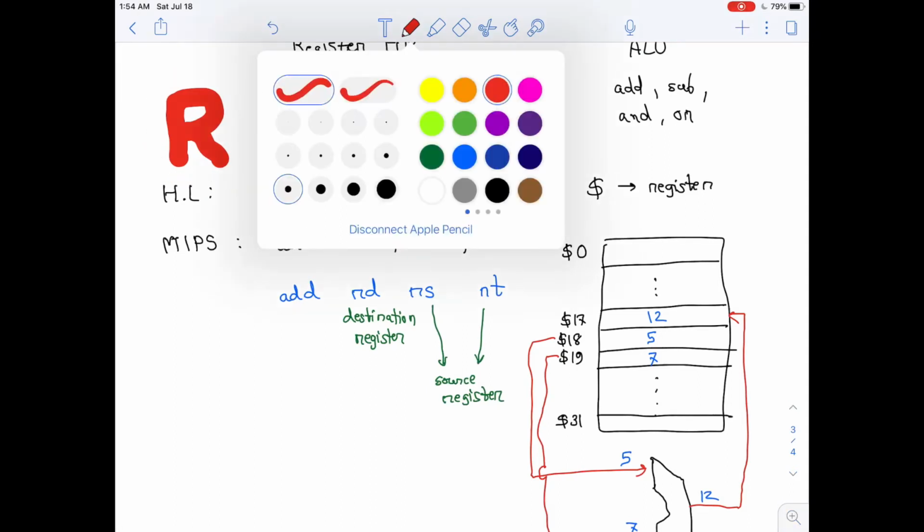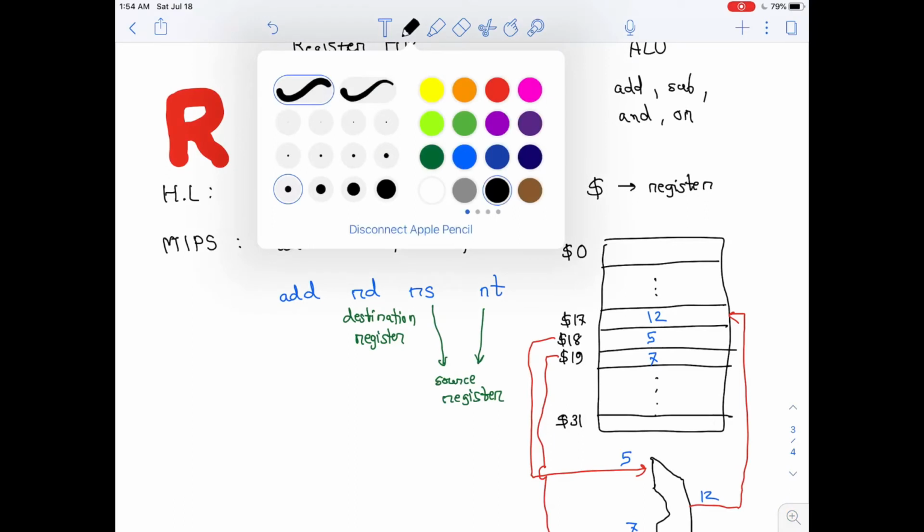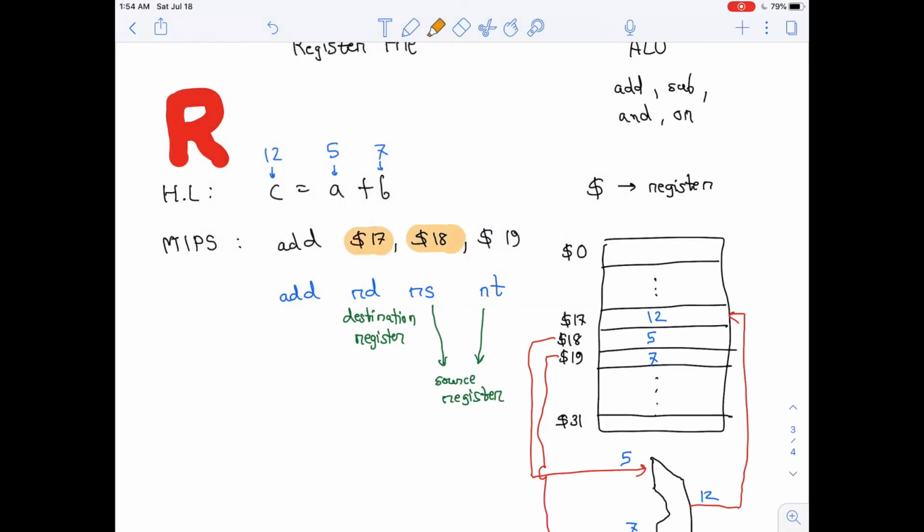By format I mean this one, where you have 1, 2, and 3 registers, where the first register is the destination register, the second register is the first source register, and the third register is the second source register.